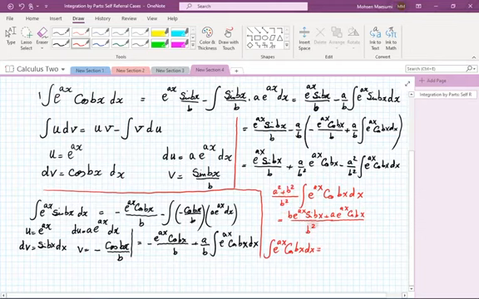So I'm going to also on the numerator factor exponential of ax to make it less cluttered. I'm going to have a cosine of bx plus b sine of bx, all of that divided by this factor of a squared plus b squared. And then we said, okay, we have this antiderivative, and then we just throw in a constant for good measure. That will be the answer to our problem.